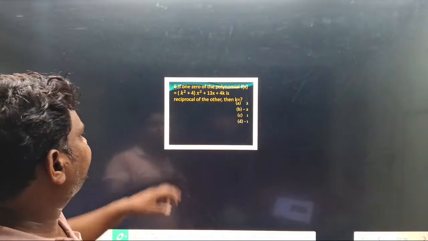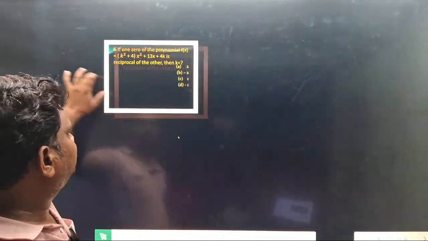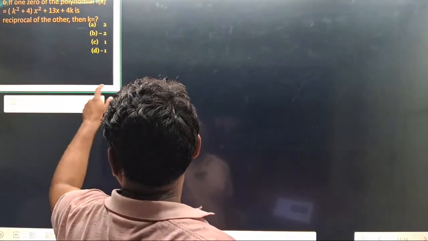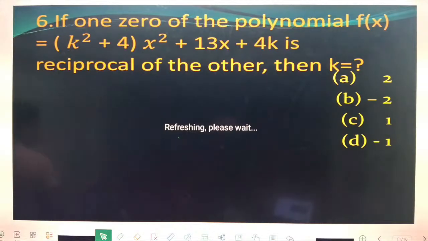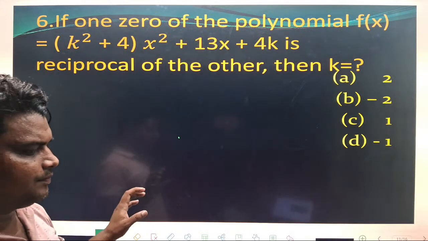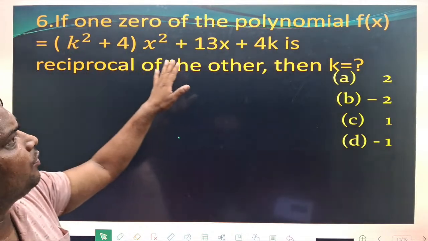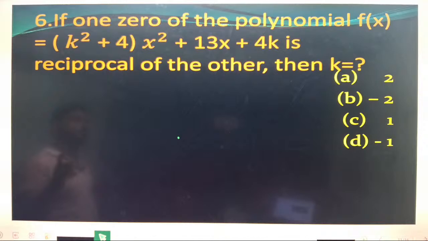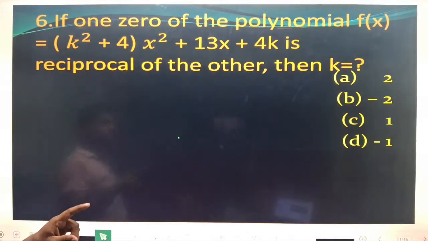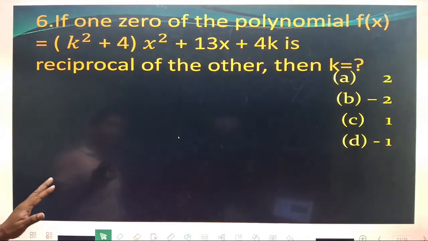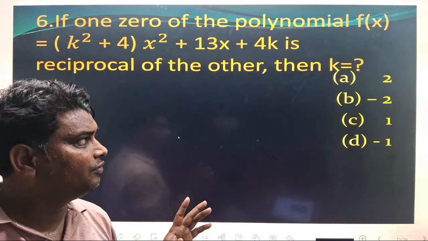Now you see the next question. If one zero of the quadratic polynomial (k square plus 4) x square plus 13x plus 4k is the reciprocal of the other, then find the value of k.